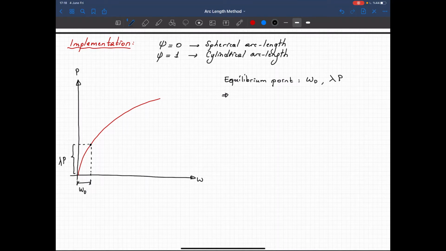Step 1. Calculate incremental tangential predictor. And we will talk about how we calculate that.